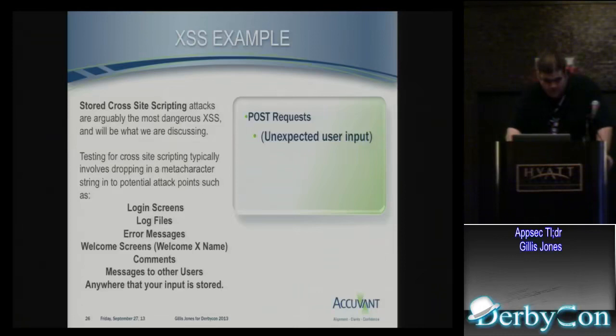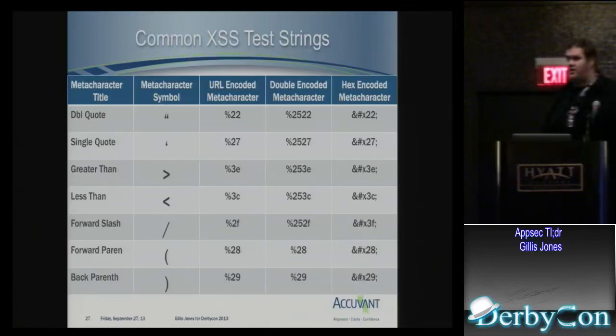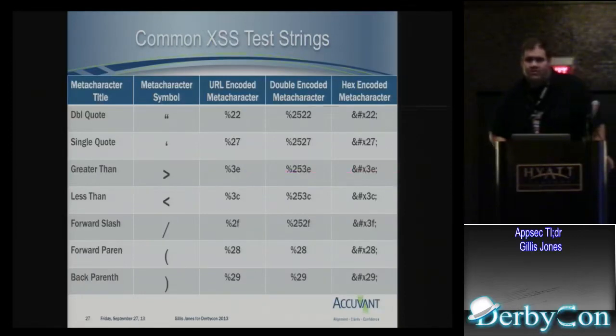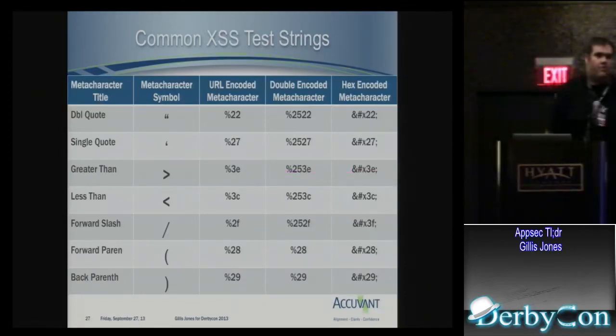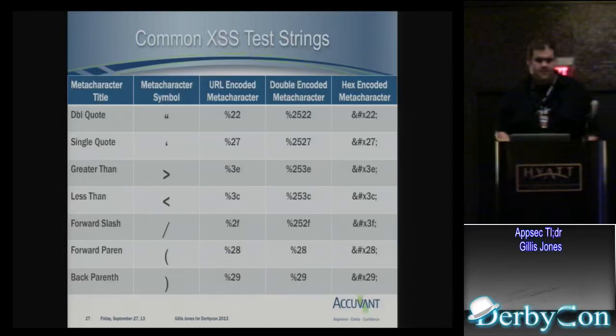Now, typically what you're doing is you're looking for any of these characters which are reflected unencoded in an HTML page. Single quotes, double quotes, etc. Things that allow you to escape a given context that your input is landing in, and then create your own.